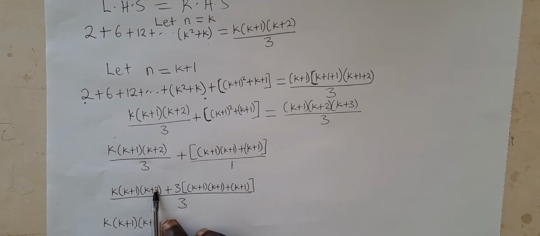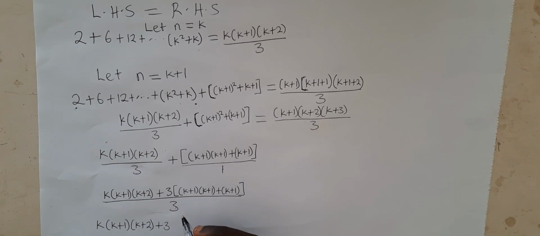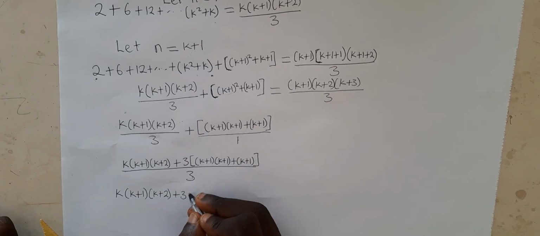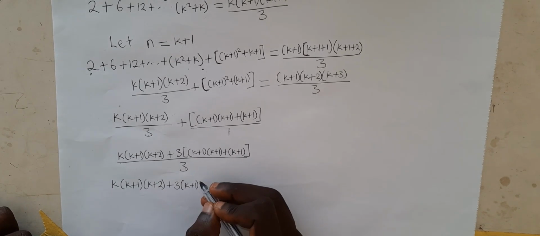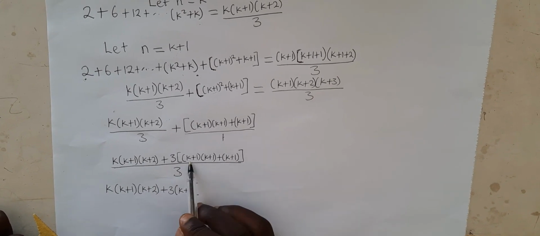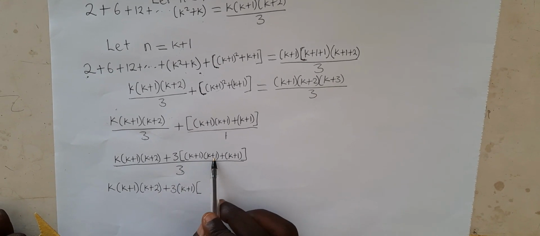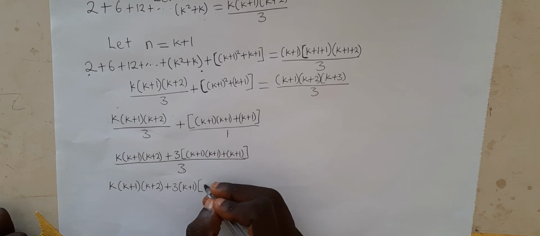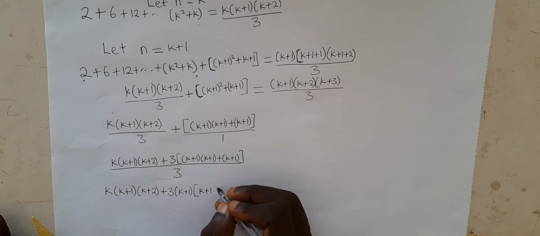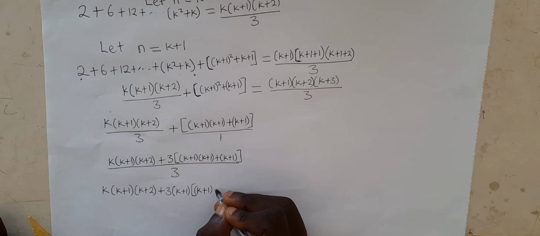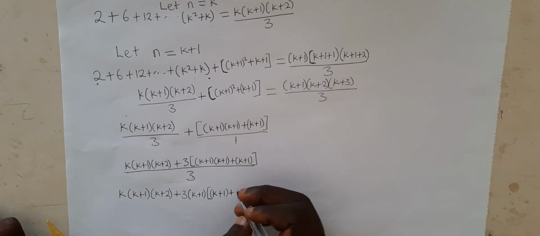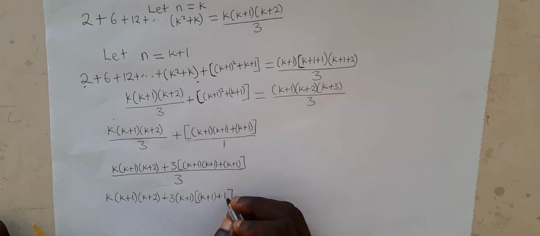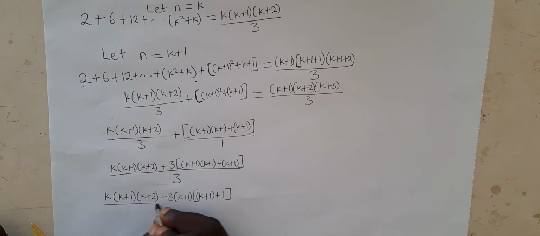So I'll bring it out just to factorize it. I will have k plus 1. Now when I bring k plus 1 out here, I'll be left with what? K plus 1, k plus 1, plus, if I bring k plus 1 out here, what I'll be left with? 1. Okay, all over what? All over 3.